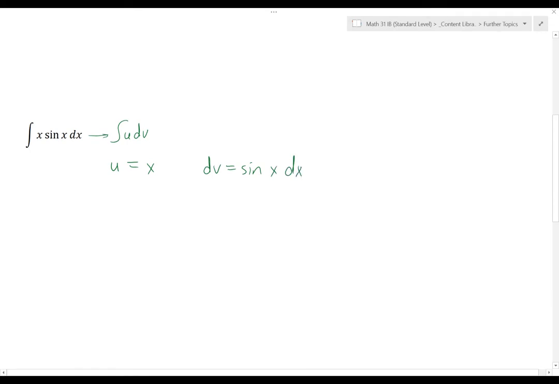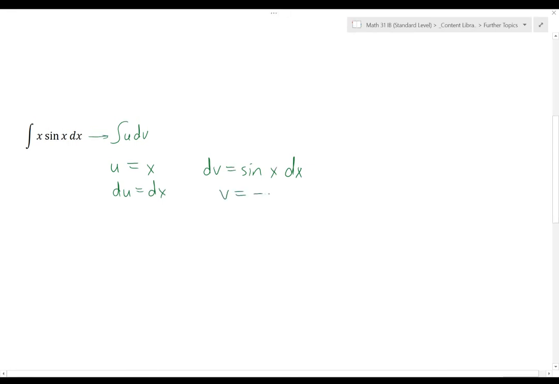Essentially, I'm assigning these such that I know the derivative of the thing that I turn into u, and I know the antiderivative of the thing that I call dv. So if u equals x, then du simply equals dx. We're going to use the simplest antiderivative possible, because any antiderivative would work. If the derivative of v is sine x dx, then v has to be negative cos x.